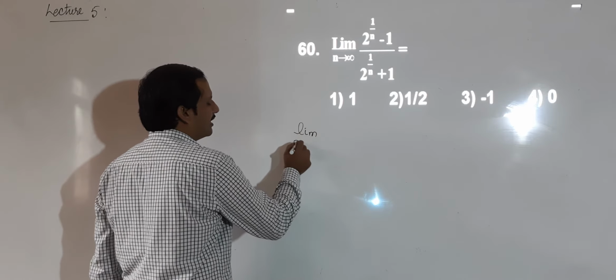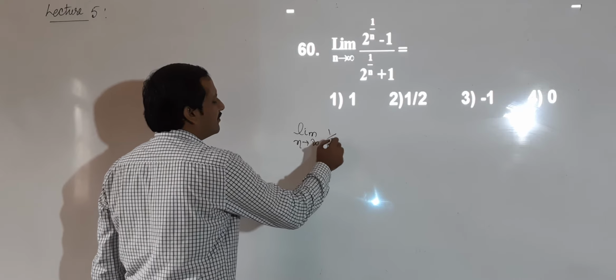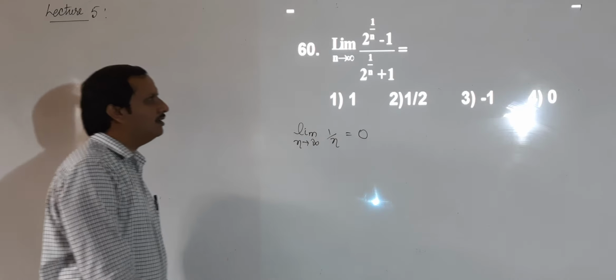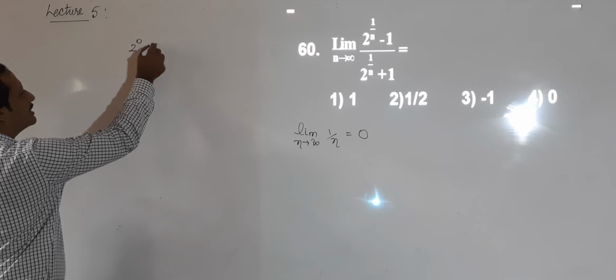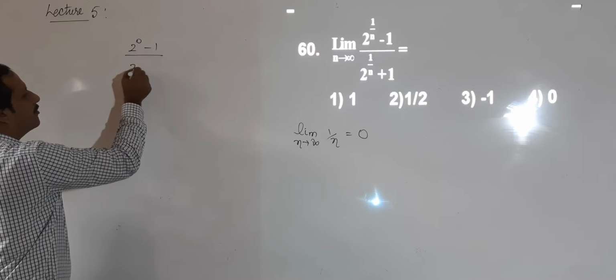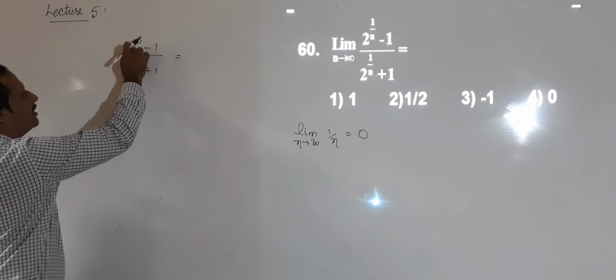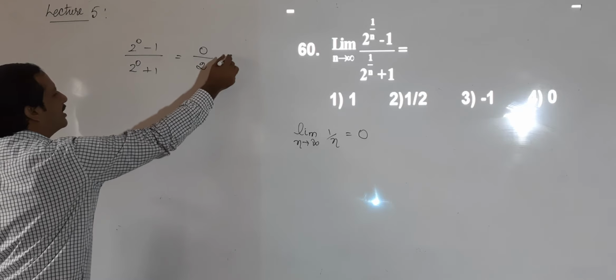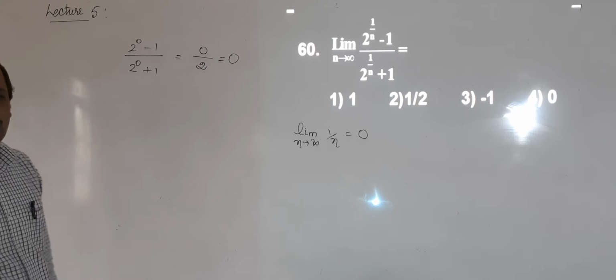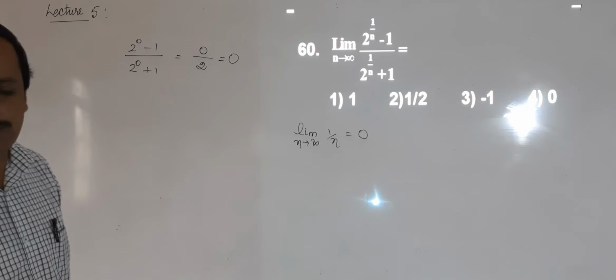We discussed in our earlier class, limit n tends to infinity, 1 by n will be equal to 0. So when I directly apply the limit, the numerator is 2 power 0 minus 1, divided by 2 power 0 plus 1. 2 power 0 is 1, 1 minus 1 is 0, here 1 plus 1 is 2, 0 by 2 equal to 0. That's the answer. Fourth option.